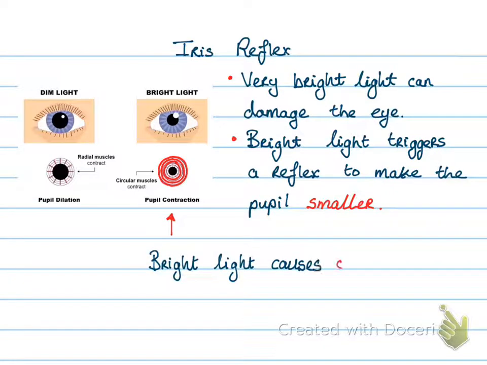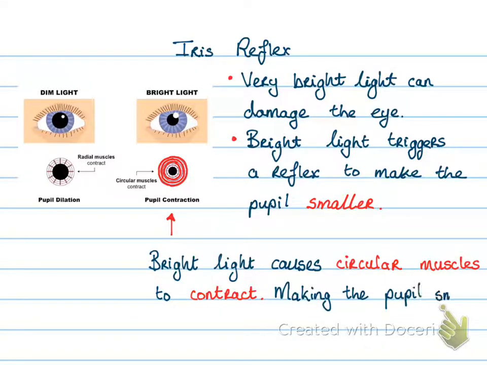Here you have the circular rings that I've highlighted in red are circular muscles. And when bright light comes in, it causes these ciliary muscles or circular muscles to contract. This makes the pupil smaller. So when bright light comes in, these circular muscles contract, making the pupil size smaller.